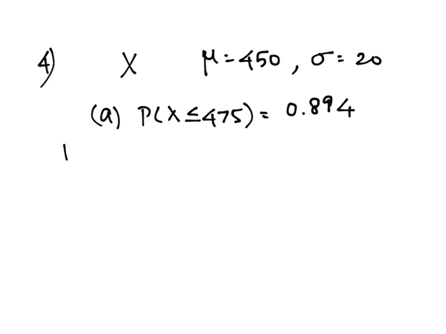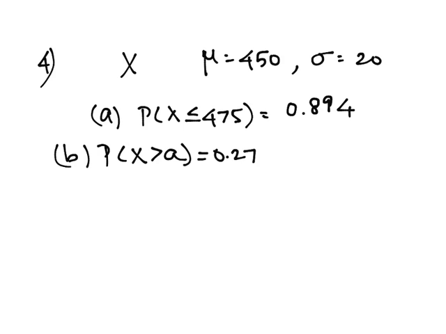Now the second part is P of x more than a is 0.27. Find the value of a. You can draw the diagram and do the problem, or you can do it without drawing the diagram. Now x more than a, so imagine it is on the right hand side of a. That means the tail will be on the right hand side.